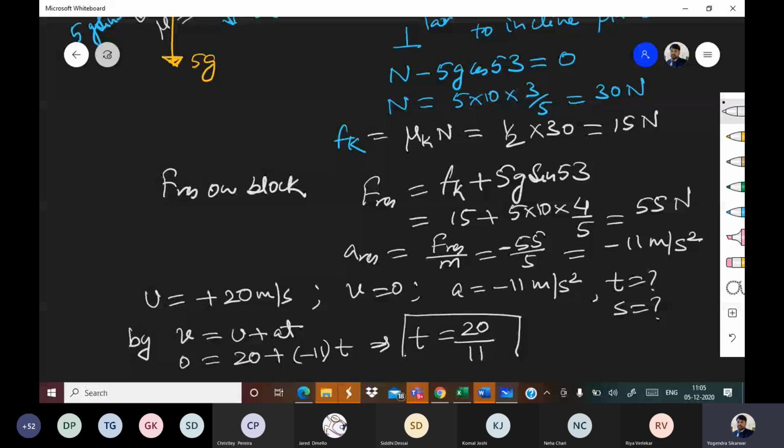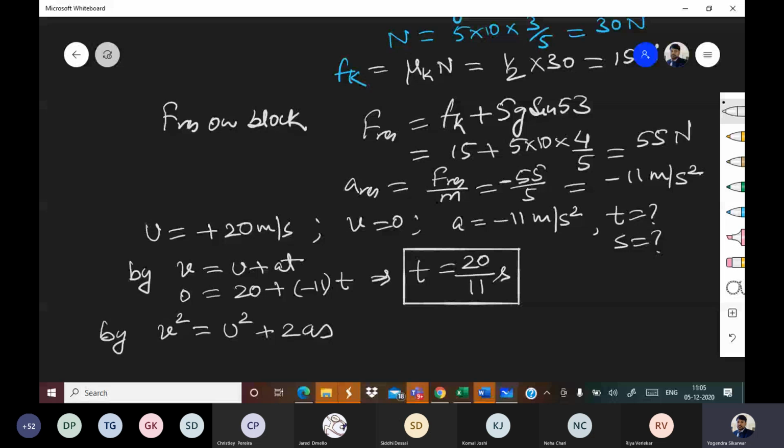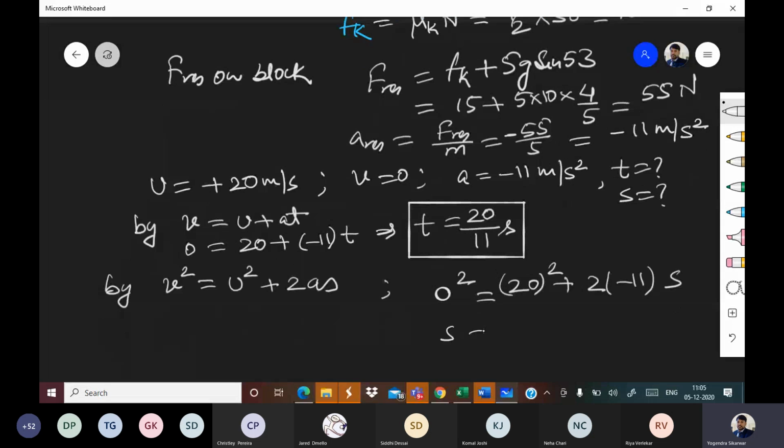T comes out to be 20 by 11 seconds. None of you got that. None of you. And by V square is equal to U square plus 2AS, so 0 square, because final velocity is 0, is equal to 20 square plus 2 into minus 11 into S. S comes out to be 20 into 20 upon 2 into 11.